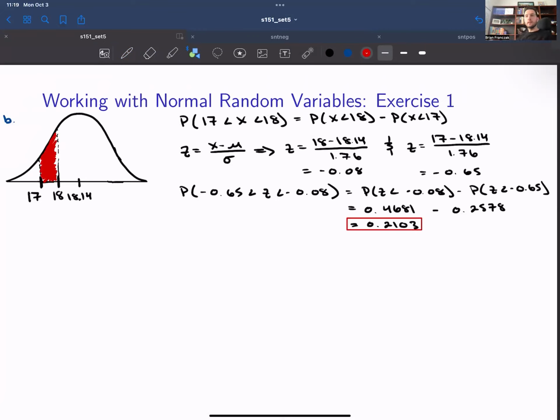Okay, so the probability that a carapace length is between 17 and 18 millimeters is 0.2103. Sorry. Right.